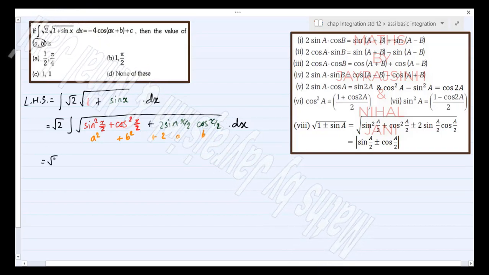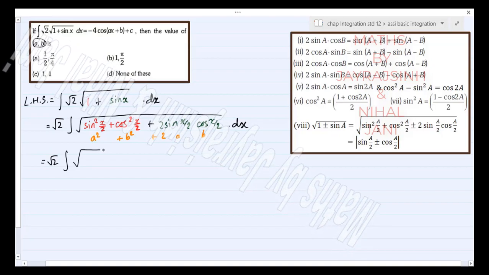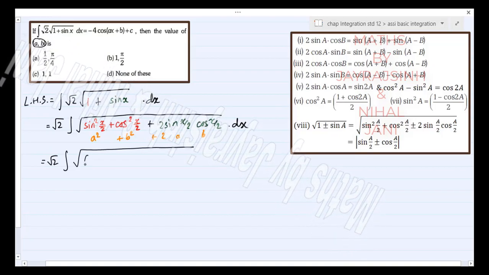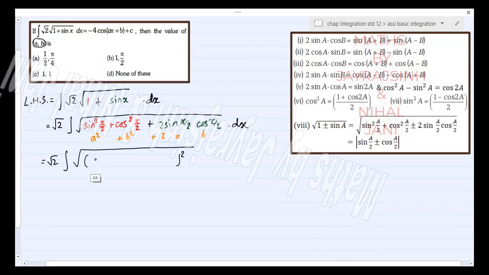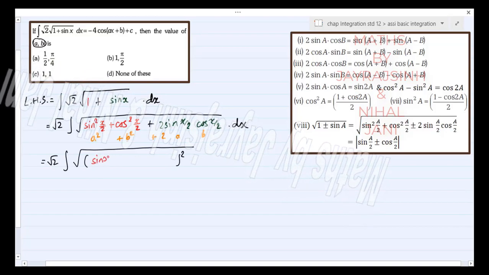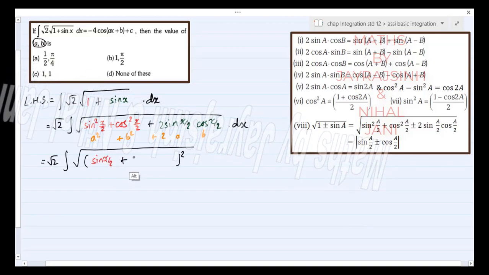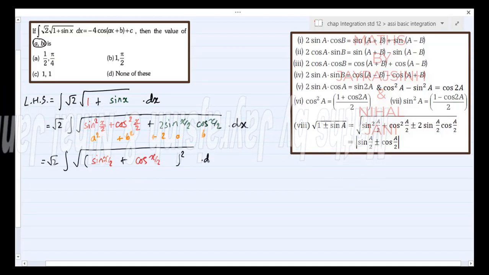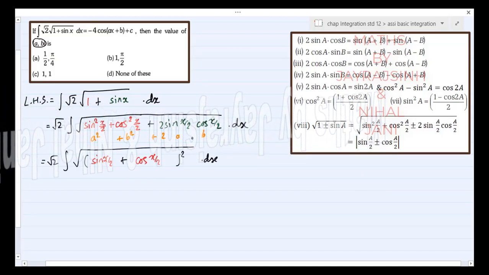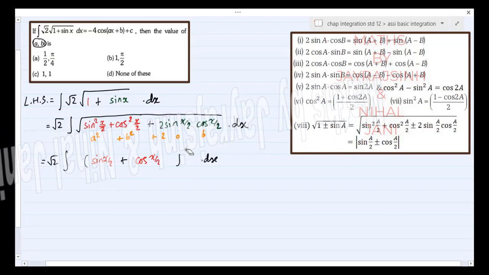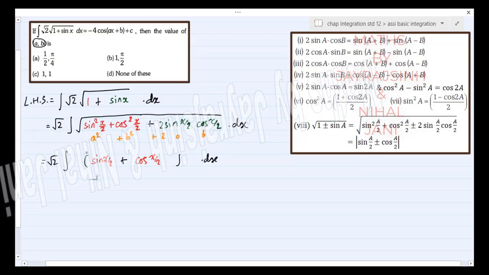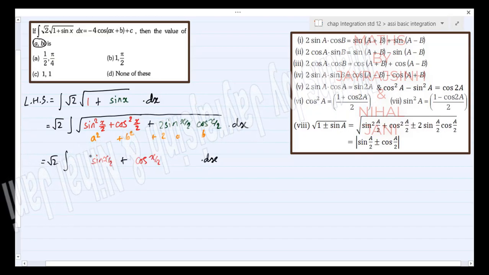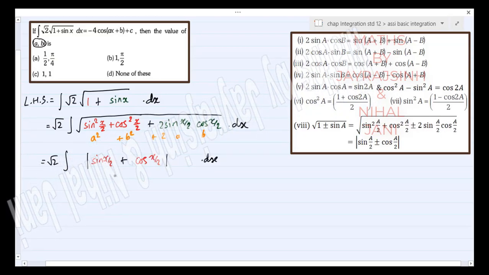So we can simplify this as under root of perfect square of sin x by 2 plus cos x by 2 dx. So we can say this square and under root can be cancelled out and we will get mod sin x by 2 plus cos x by 2.